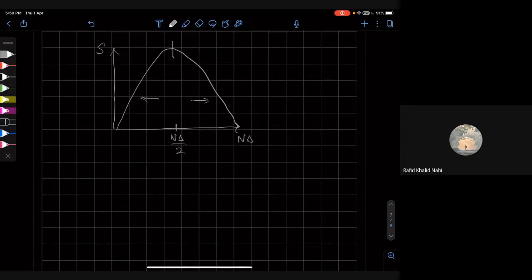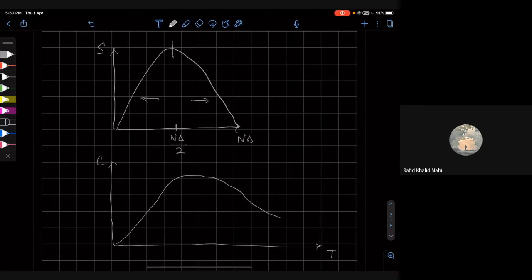So now we also looked at the heat capacity of the system, and we found that the heat capacity had what was known as the Schottky anomaly. And the Schottky anomaly is this bump. But what's interesting is that as the temperature is increased, you'd think that when the temperature is very high, there's a lot of energy in the system.